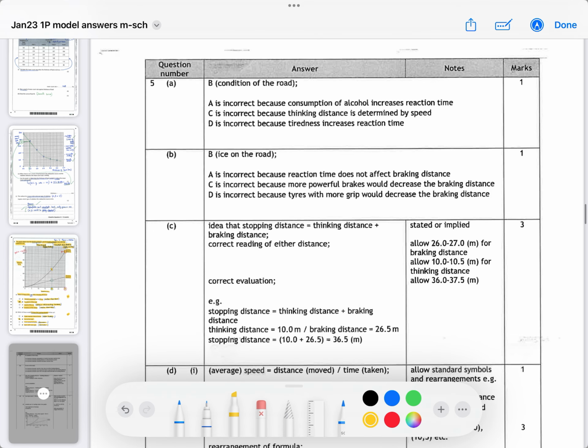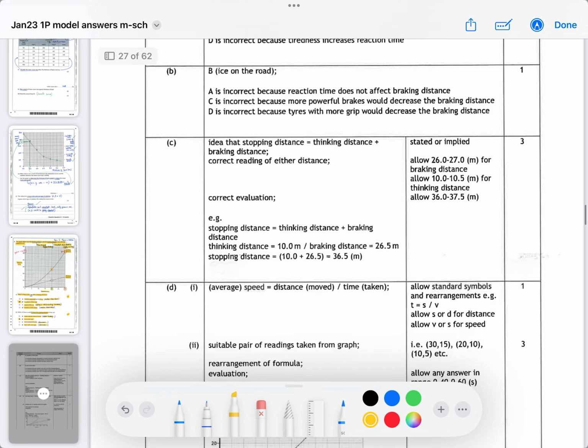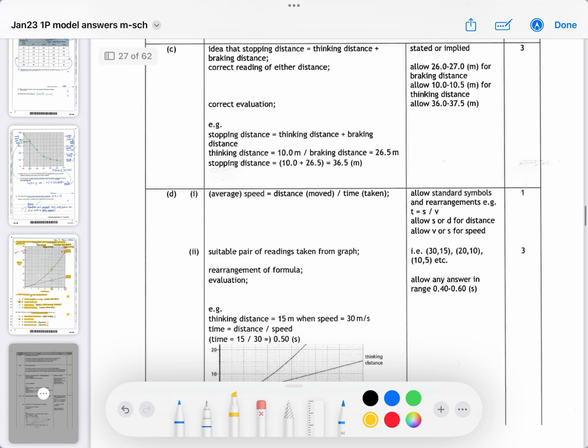So here's the mark scheme for A and B, and here's the mark scheme for the parts I haven't shown you, which are more mathematical. It tells you the stopping distance is the thinking distance plus the braking distance added together. So there are 2 bits to stopping a car: thinking about stopping, and physically braking and doing work against the movement of the car.